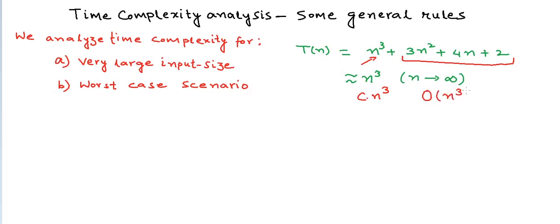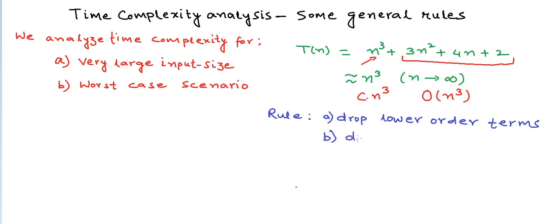So the first rule that I want to state is that if you want to calculate the big O notation from a polynomial expression like this, then you need to drop all the lower order terms, and you also need to drop the constant multiplier, and you will get the big O expression.